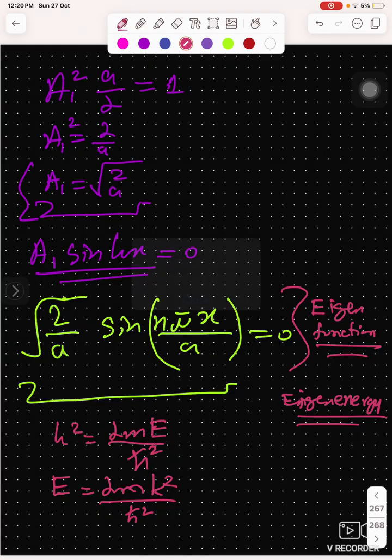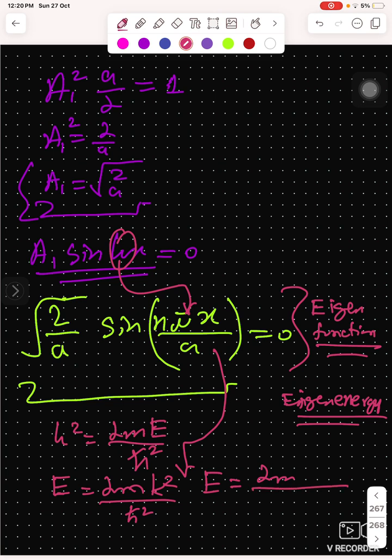Now replace this k, which is this, over here. So E is 2m, what would we get, we are just replacing k in this.